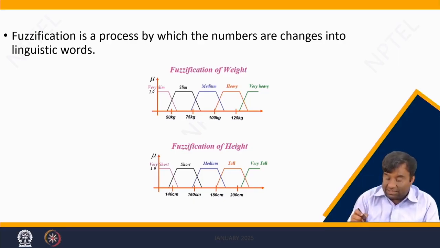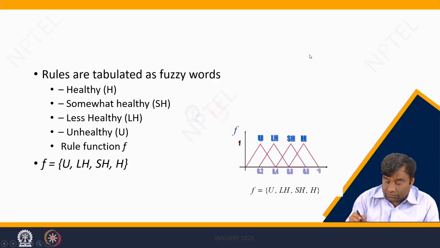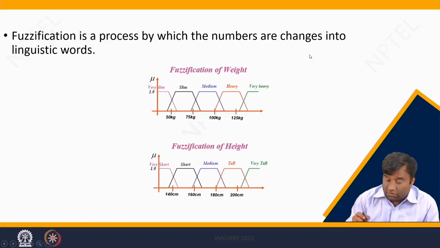So fuzzy sets are very slim. If it is a crisp set, then we may say that from 0 to suppose 45 or 50 kg, less than that, these are very slim.